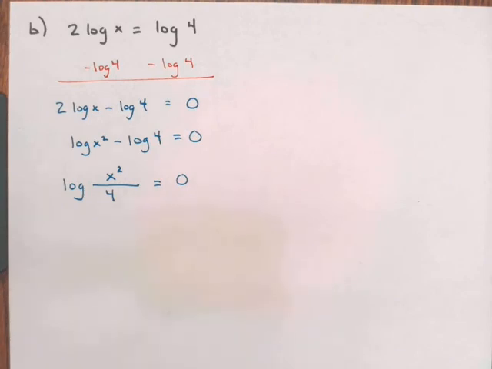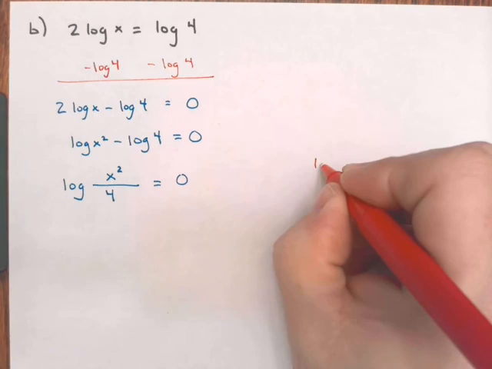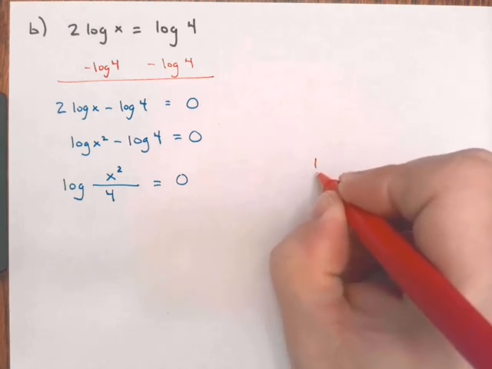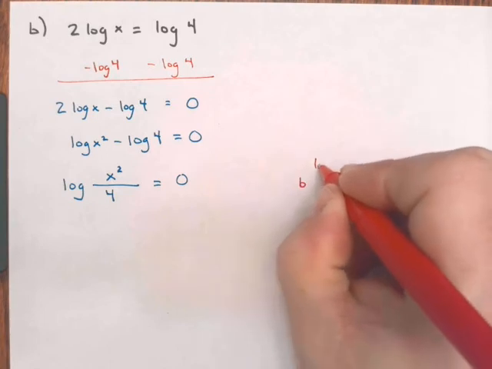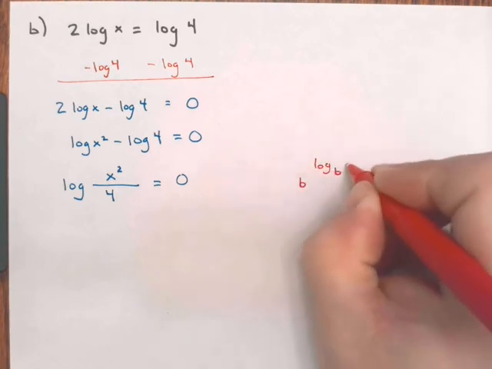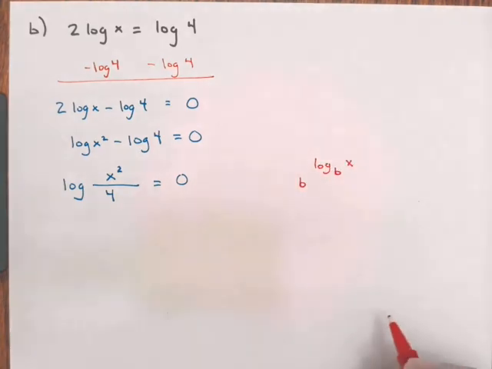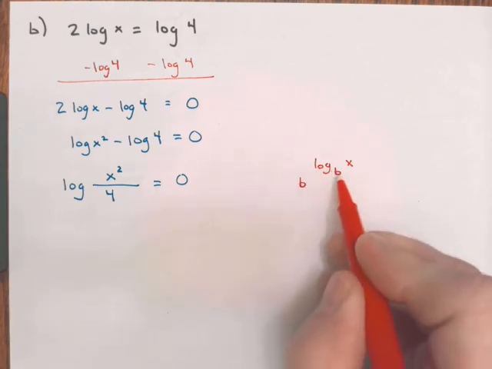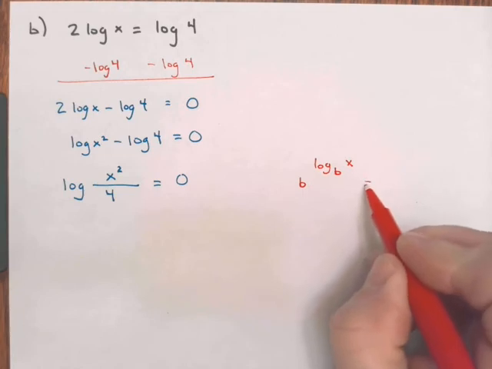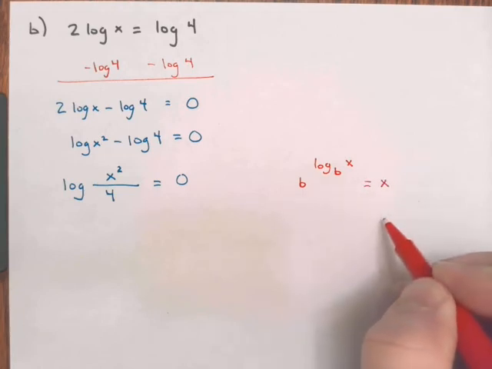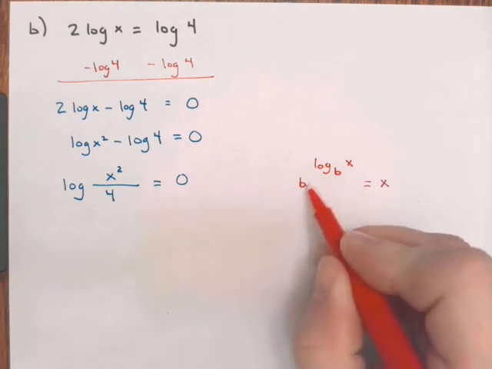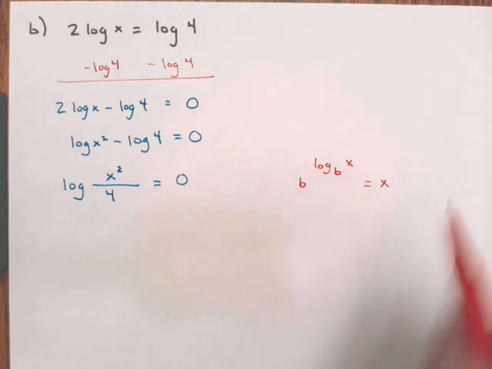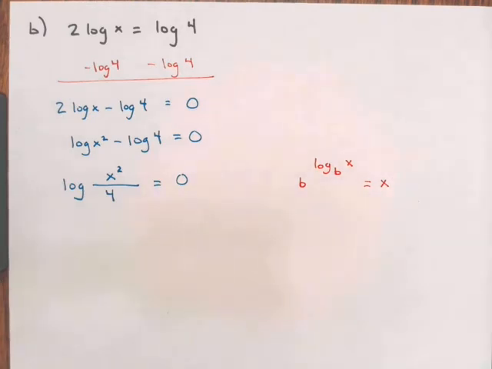So again, what I'm going to do next is exponentiate both sides using this property again. If you have a value raised to a log power where the base of the log and the base of the exponent are the same, the base of the exponent and the log cancel each other out, just giving us that value of x.